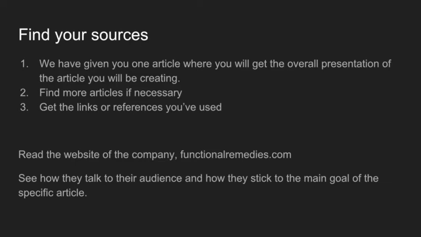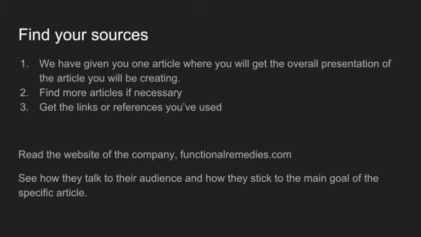And that specific article that you choose should be the overall presentation of the article that you will create. That means whatever the core message of that article is, that should also be the core message of the article that you will be creating.